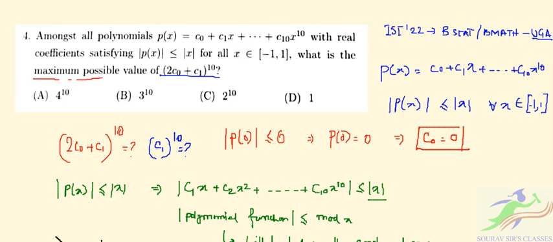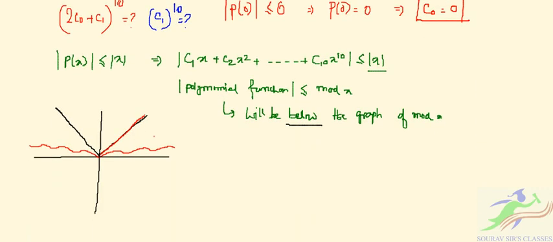The maximum value will be along this line of |x|. Along the line we will have the maximum value of this polynomial function.